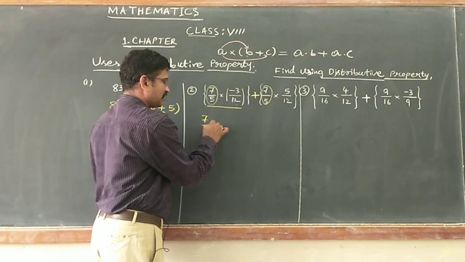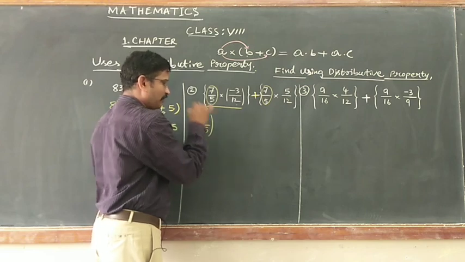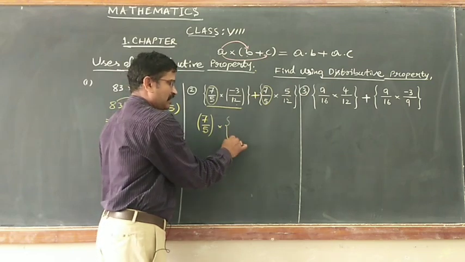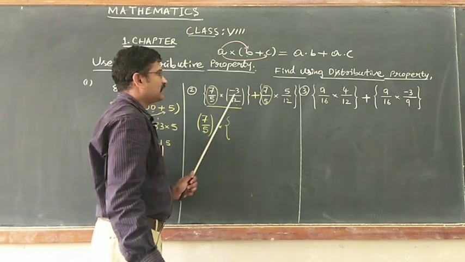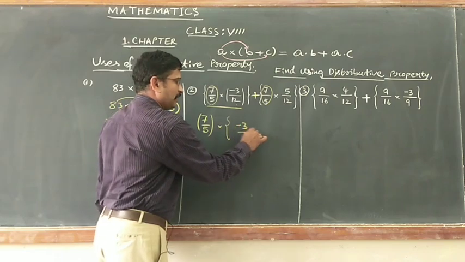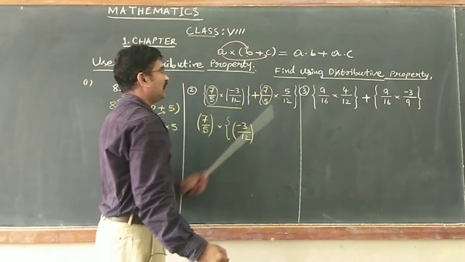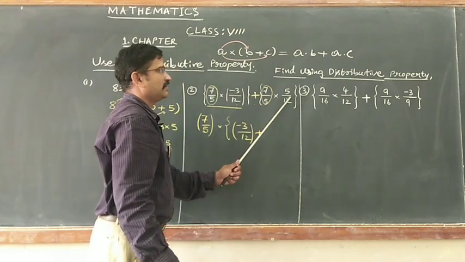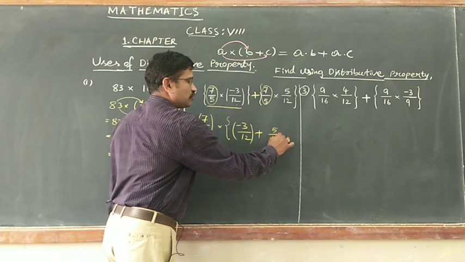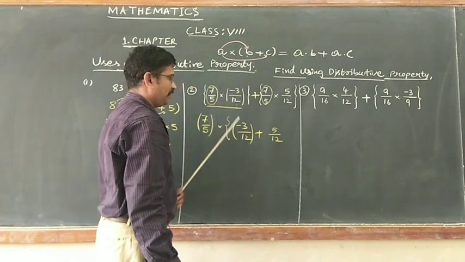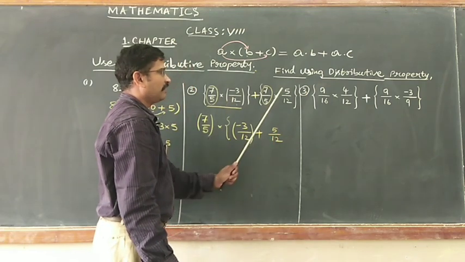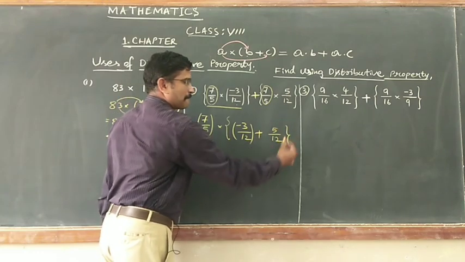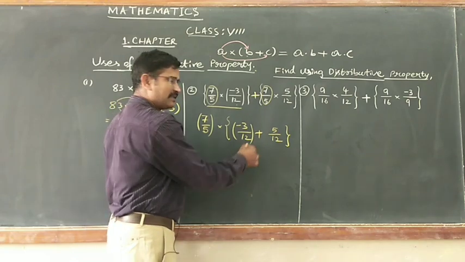Similarly, here I can do that. 7 by 5 I can take out as a common. Now I am left with only the sum of minus 3 by 12, like B, added to 5 by 12, like C. Now, you know how to simplify this.